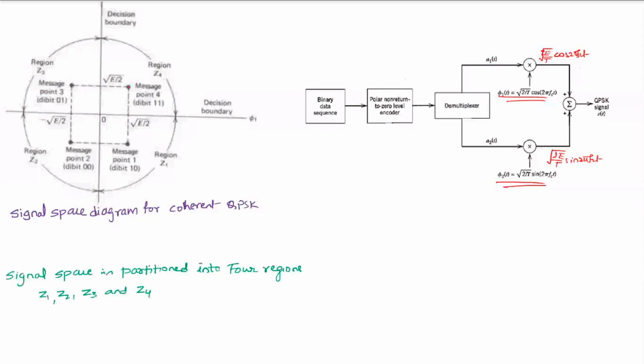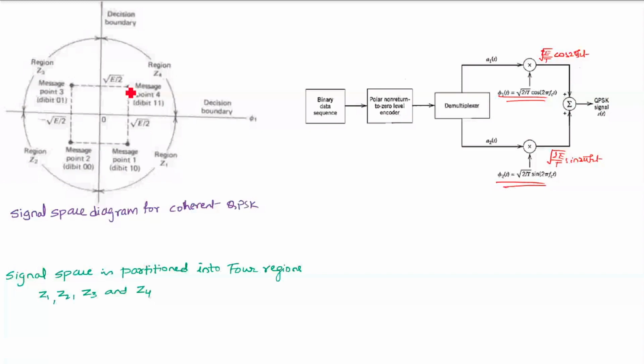Now what we see here is that the signal space is partitioned into 4 regions, so we need to decode the signal at the receiver. If the signal point falls inside the region corresponding to 1 1, region Z4, we decide in favor of 1 1.